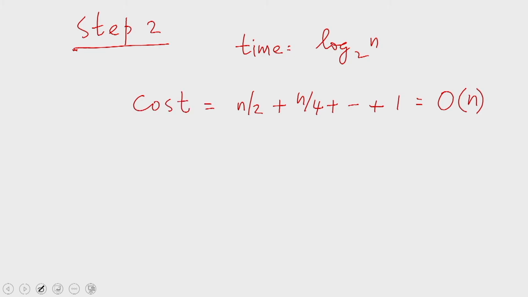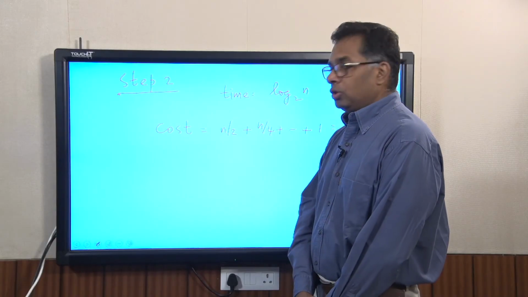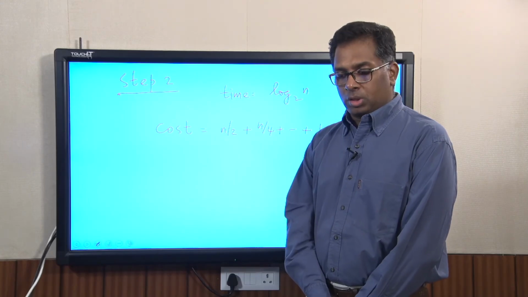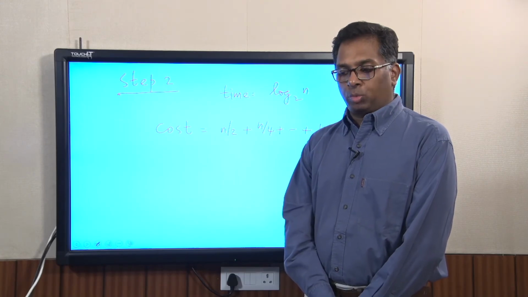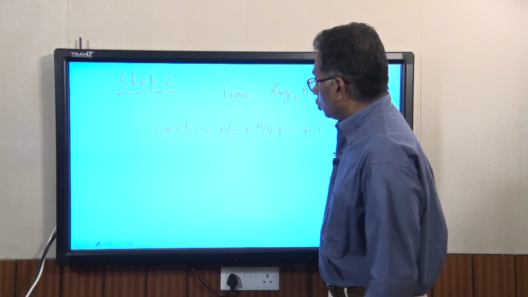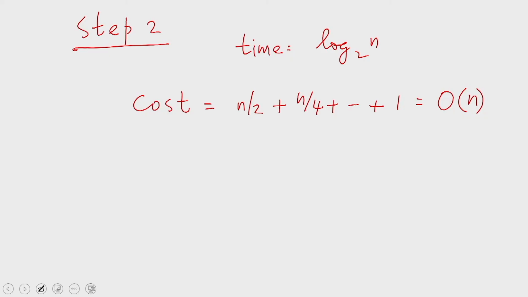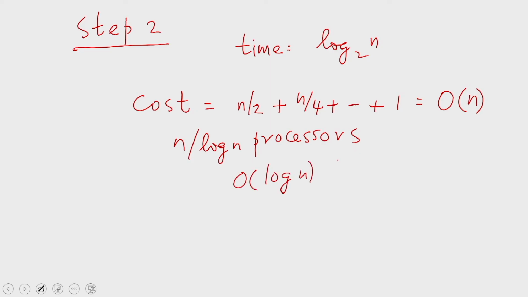So, here we have a perfect situation where Brent's scheduling principle can be applied. This is a step that runs in log n steps, and the total cost of all these substeps put together is order n. So, by Brent's scheduling principle, if we have n by log n processors, we should be able to solve this step in order of log n time, for a total cost of order of n.